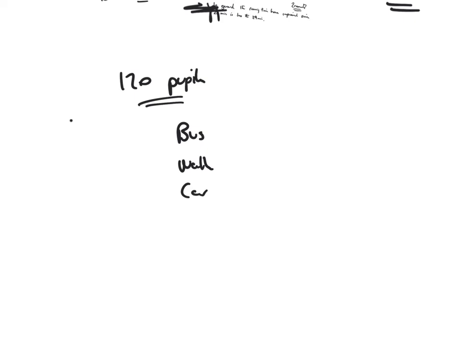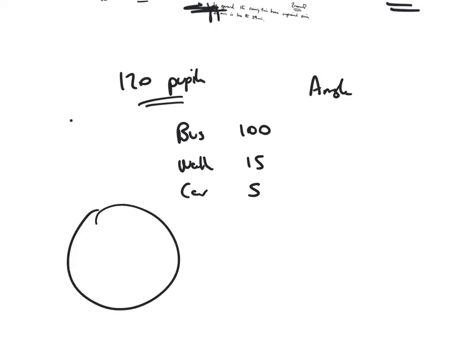So from the 120 pupils, we've got 100 went by bus, 15 walked, and 5 by car. Okay, the question then asks us to draw a pie chart of this and put the appropriate angle at the centre.